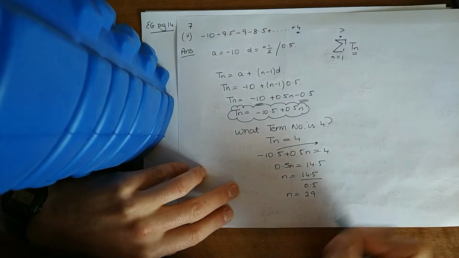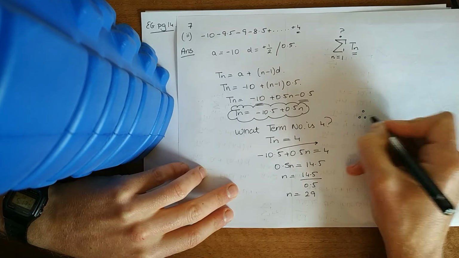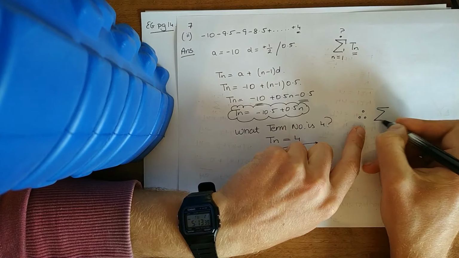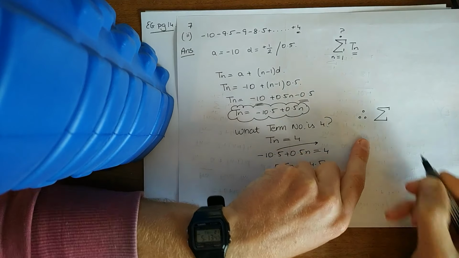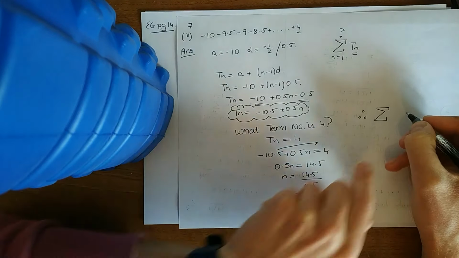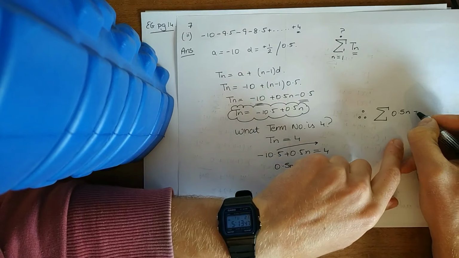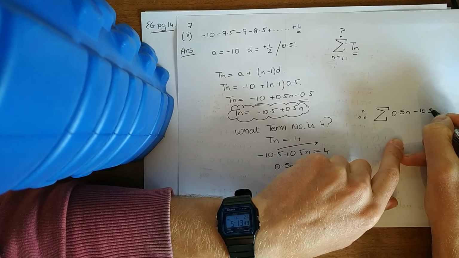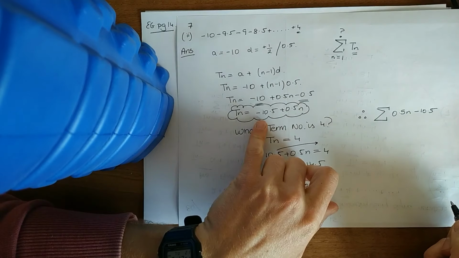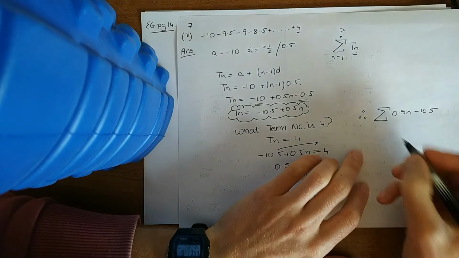So therefore that written as sigma notation: my sigma, my Tn, which is this. Doesn't matter what order you write it in. If possible, I always like the positive at the start.